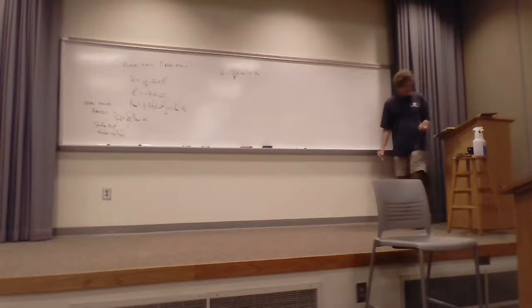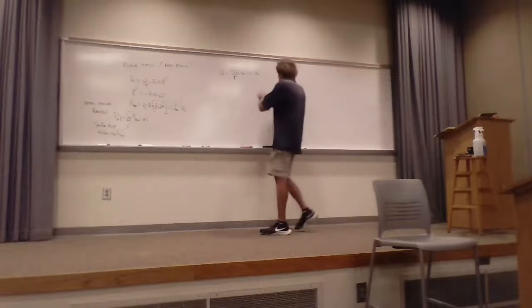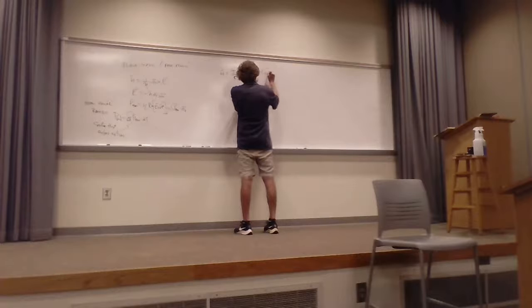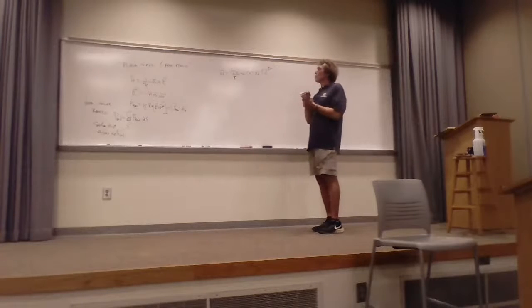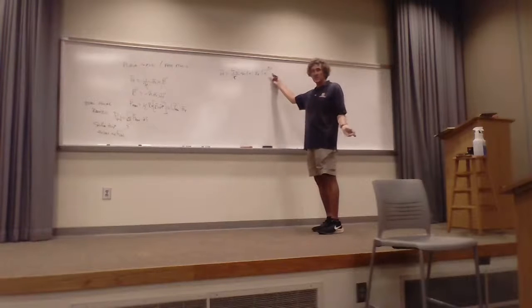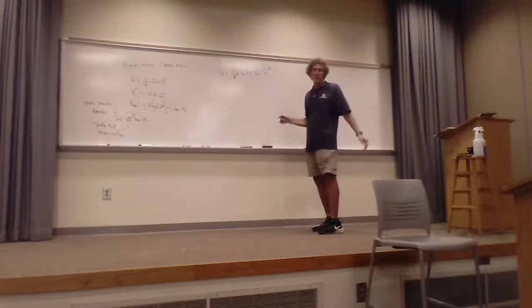He doesn't put this down, but it should have e to the minus j beta r, because it's propagating away from the actual antenna. The e to the minus j beta r tells me the thing's leaving, propagating away.